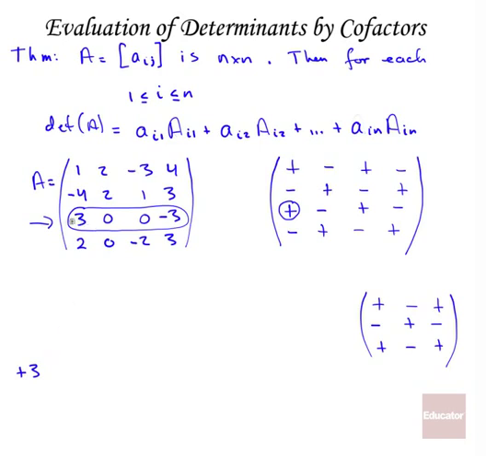Now, we said that you're going to expand it along this, and the cofactor is, if you erase that row and erase that column, what you're left with is this number, this number, and this number. A 3 by 3. So let's go ahead and write 2, minus 3, 4, 2, 1, 3, 0, minus 2, and 3.